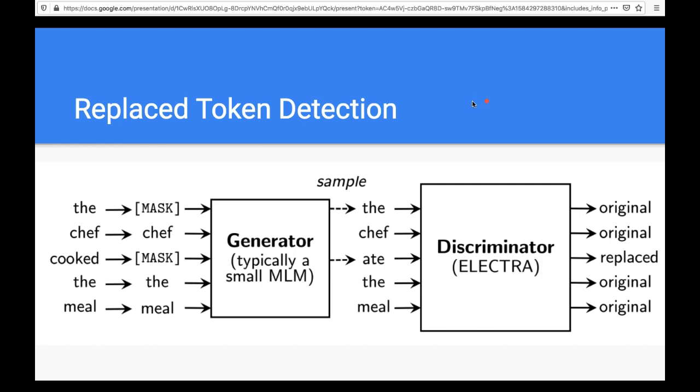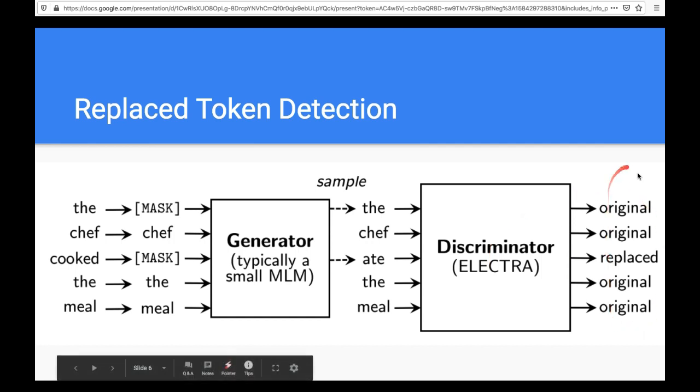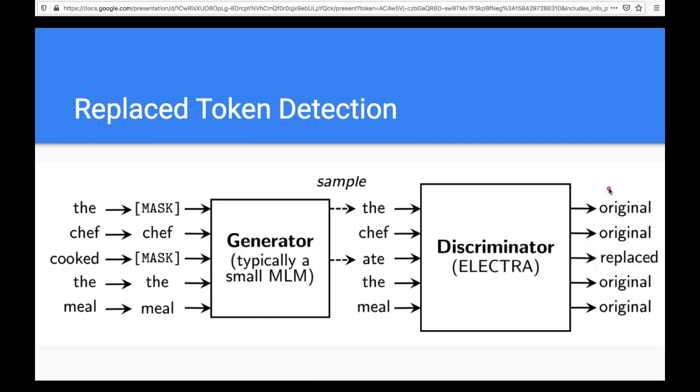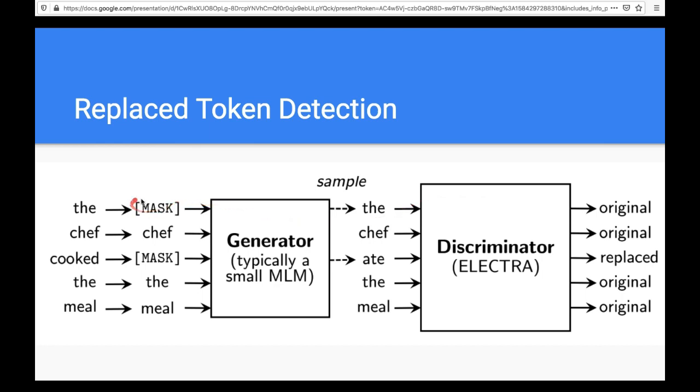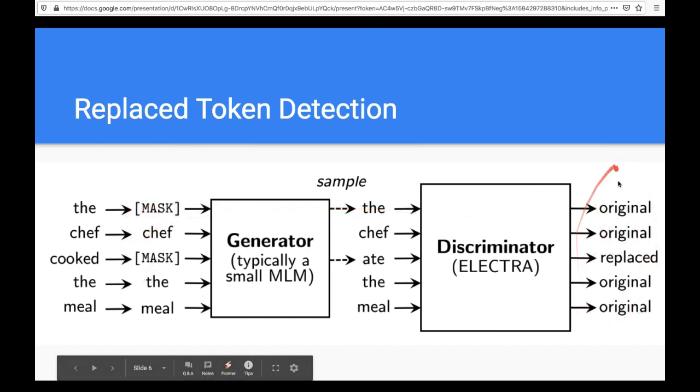If we go back to this example, originally the discriminator has a loss function over all tokens, but the authors want to know: does ELECTRA's superiority come from predicting all tokens, or from other reasons? Because BERT only predicts the masked tokens, right? 15% of the tokens, and ELECTRA predicts all tokens.